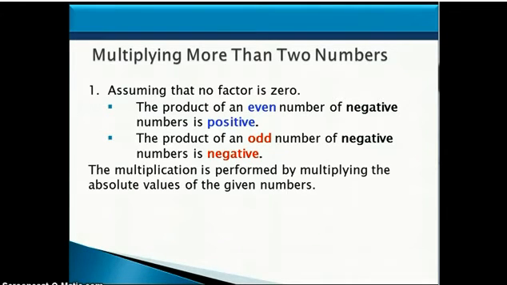The multiplication is performed by multiplying the absolute values of all the given numbers, just as before. And of course, if any factor is 0, then the product will be 0.